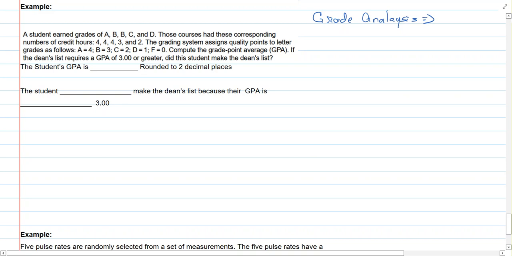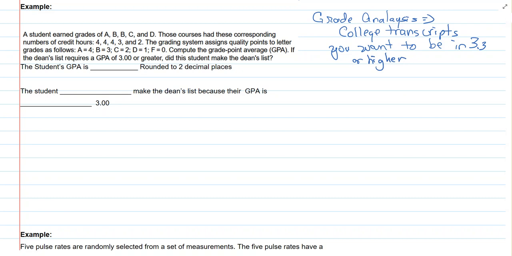Now, remember in your college transcripts, you want to be at 3.3 or higher. As we get more sophisticated, that would be what they call an average, in the B range, that your overall average is in the B range.